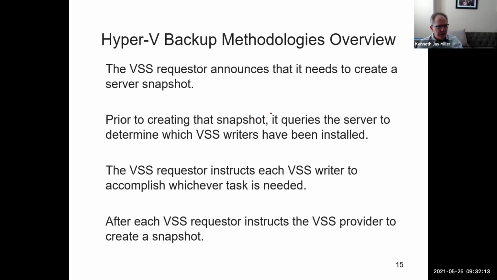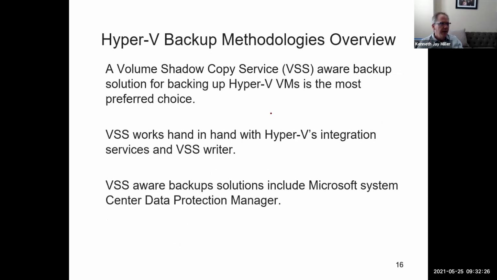Then the VSS requester instructs each writer to accomplish the task that's needed. And then the VSS requester instructs the VSS provider to create a snapshot. The Volume Shadow Copy Service aware backup solution for backing up Hyper-V is the most preferred choice.